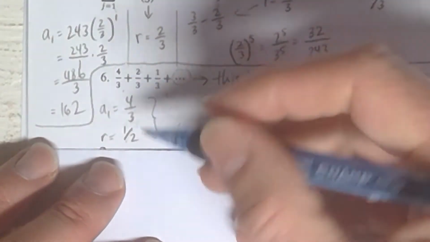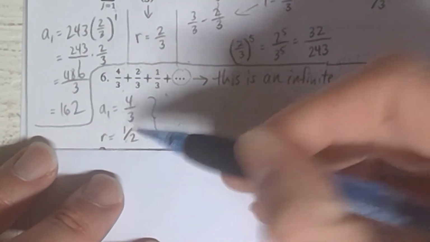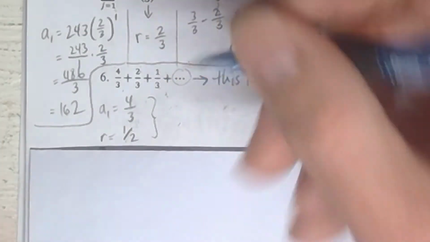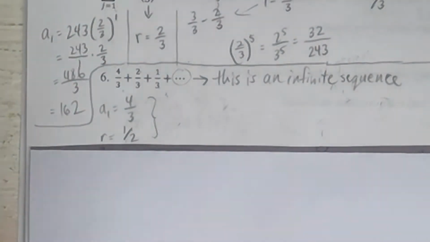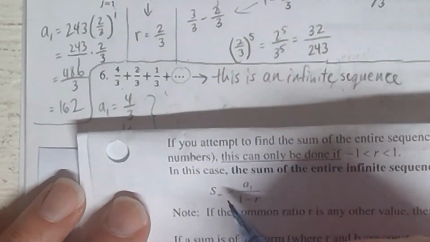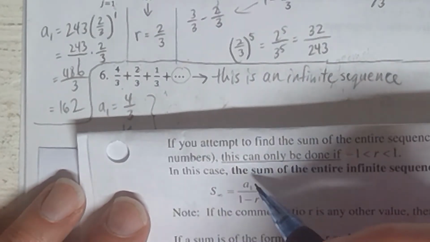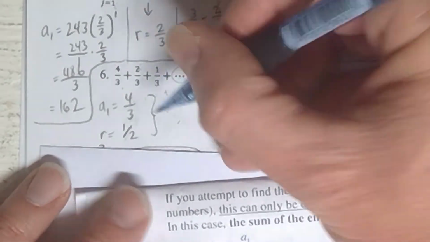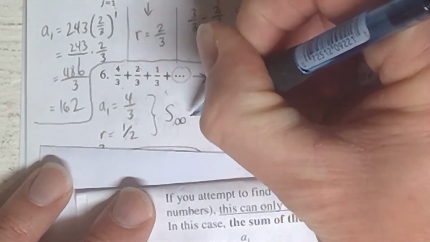Okay, so then now that we know what the a1 and the r is equal to, we take our sum formula that we have for infinite sequences here. Notice again that we only need the a1 and the r to plug into there. It's a much simpler formula. Let me go ahead and plug in those two things.